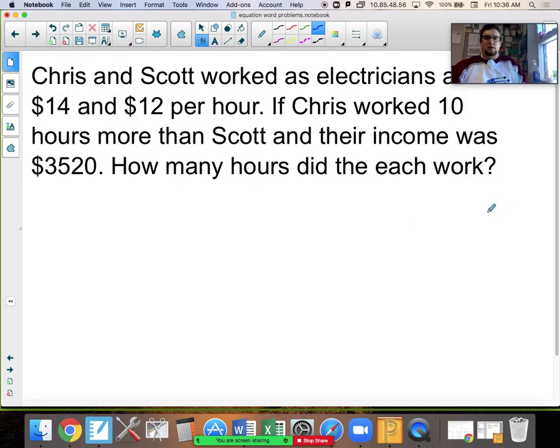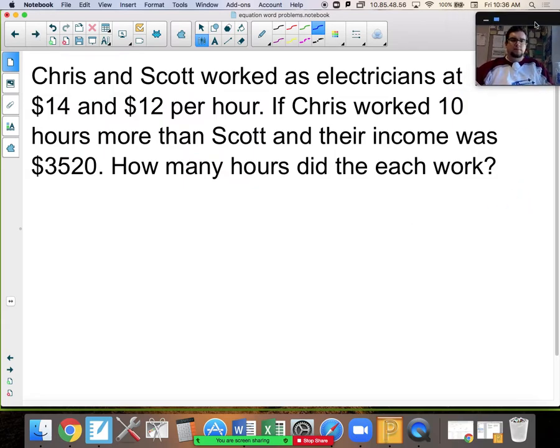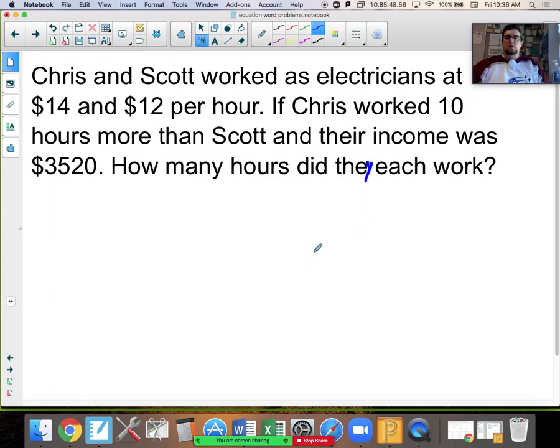Chris and Scott work as electricians at $14 and $12 per hour. If Chris worked 10 hours more than Scott and their income was $3,520, how many hours did, this should say they, each work? Ooh, yikes. This one's a little bit tougher because if we wanted they, we could go something like this.